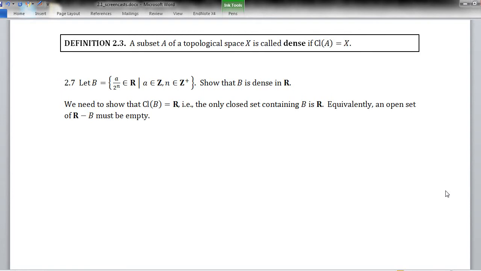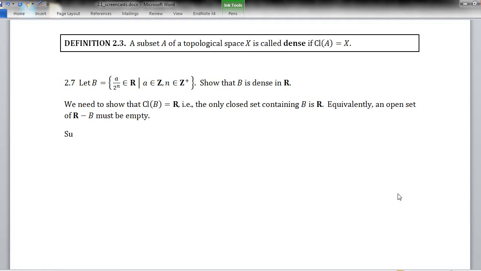Why is that? Well, if you look at the complement of such an open set, that would be a closed set containing B, and it would have to be R. Therefore, that original set would be empty. So those two things are equivalent to one another. So, good, that's what we need to show.